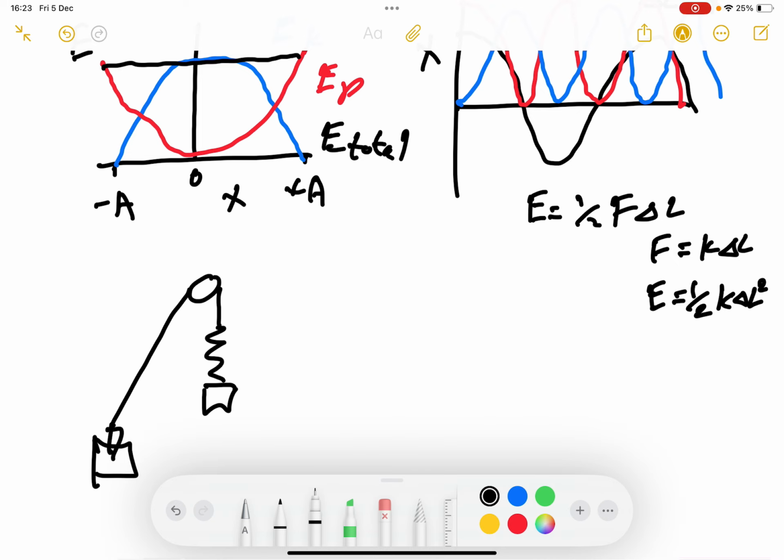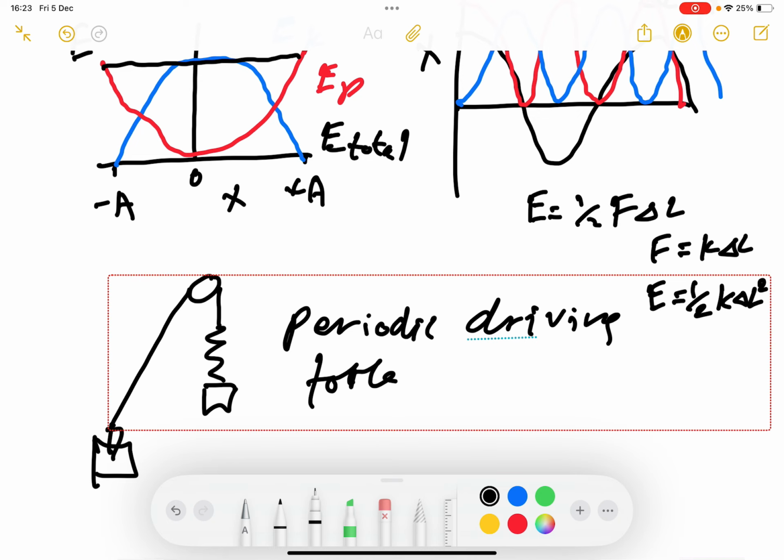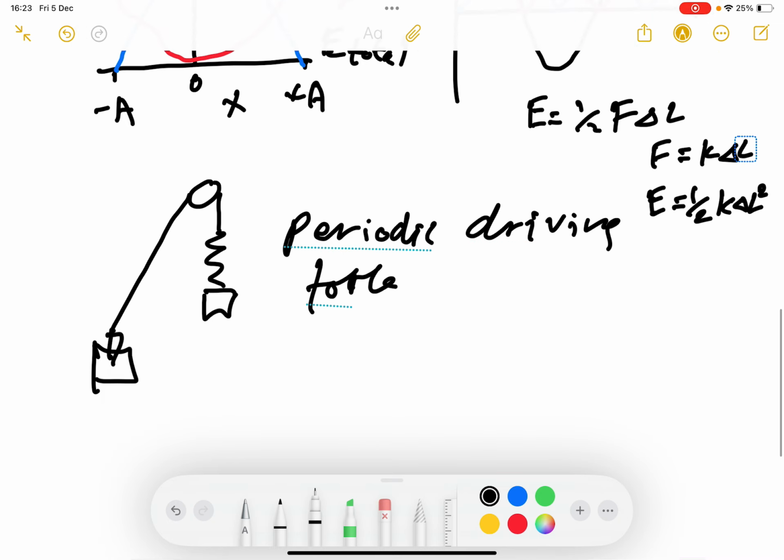So the definition of a forced oscillator is it's exposed to a periodic driving force like that. And then we can start thinking about how does that change with time.